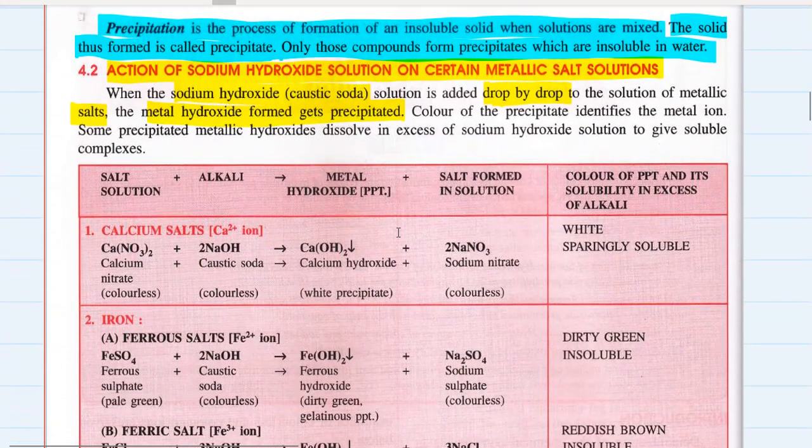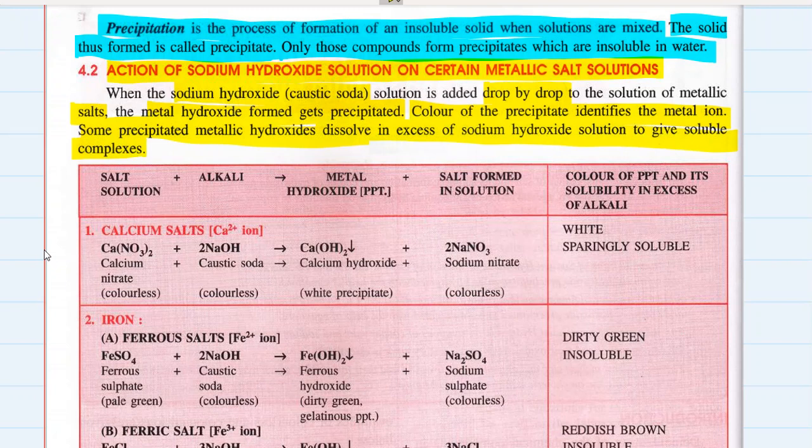Let me make myself clear. The color of the precipitate identifies the metal ion. Some precipitated metallic hydroxides dissolve in excess of sodium hydroxide solution to give soluble complexes. Soluble complexes means soluble complex salts.